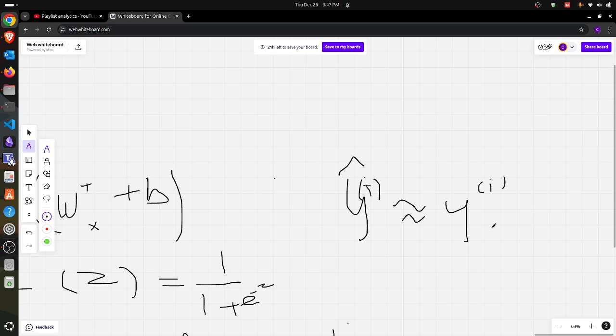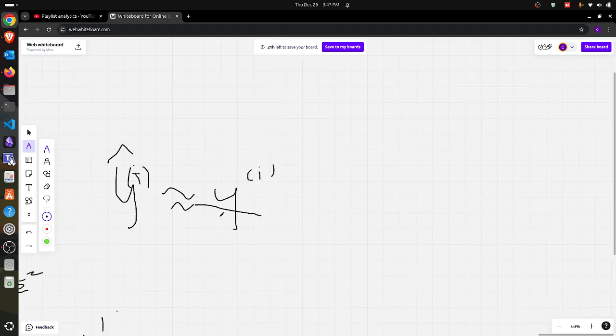Y hat is defined for a training example x, and for each training example we use superscripts with round braces to index the different training examples. So your prediction on example i is going to be y hat i, similar to yi.